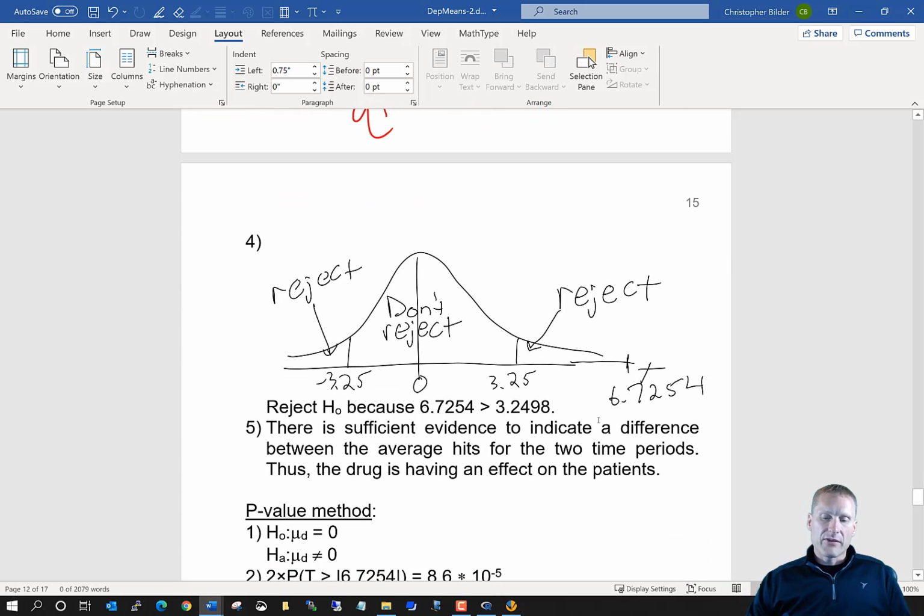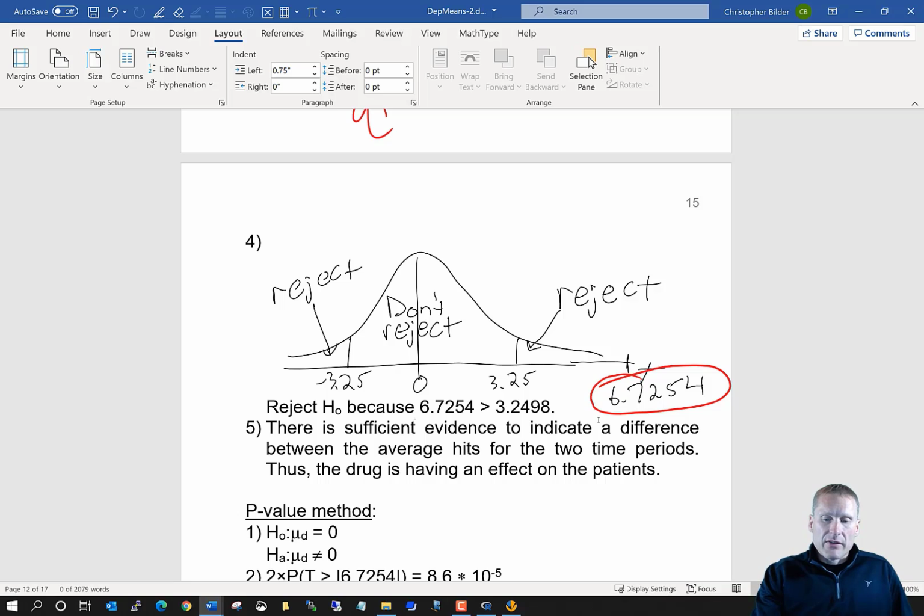Then I graph it out in step 4. So we can see that our test statistic of 6.73 is way out there. It's very extreme with respect to this t-distribution, meaning it would be very unusual to get the information that we did in our sample if the population mean was truly 0. So because of that, it must not be 0.